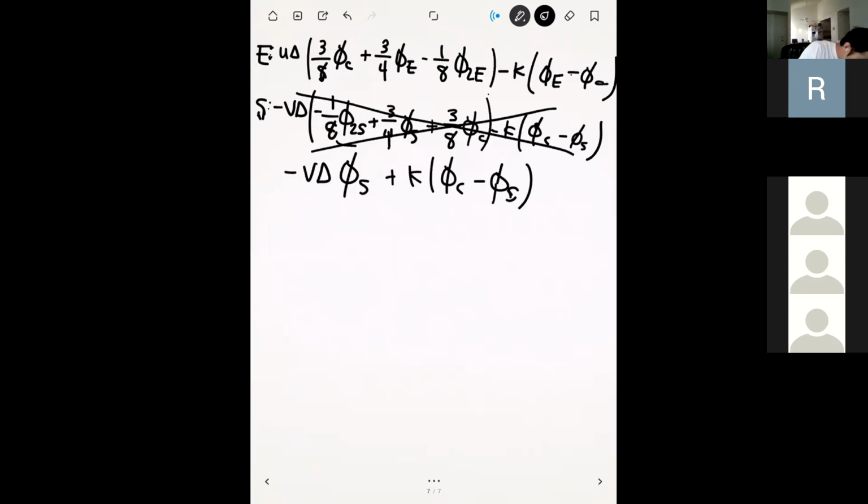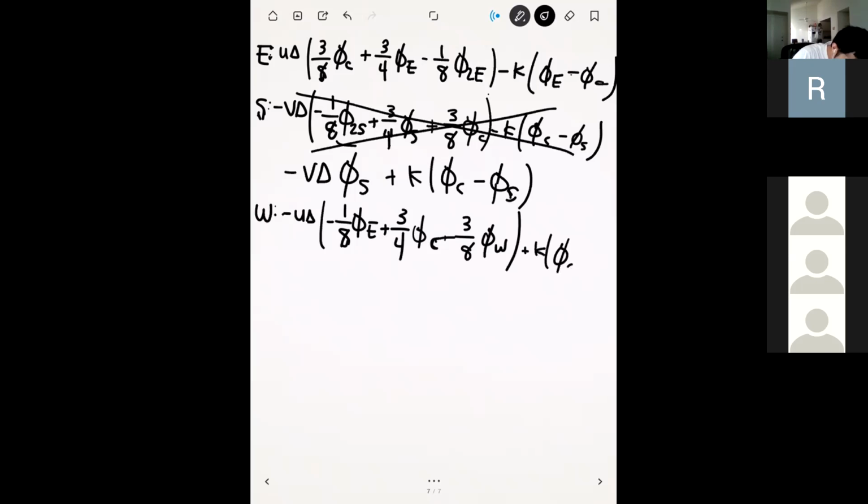Okay. So now we have the west integral. So our west is going to be minus u delta times minus 1/8 phi sub e plus 3/4 phi sub c plus 3/8 phi sub w, plus k times phi sub c minus phi sub w.